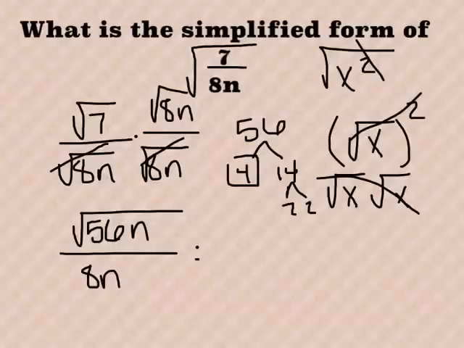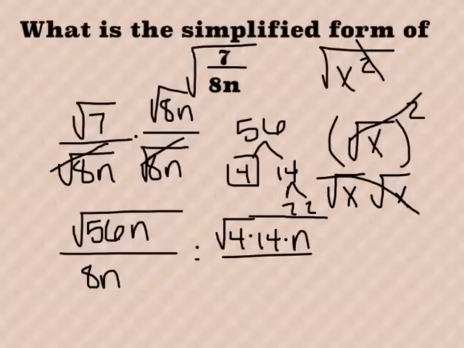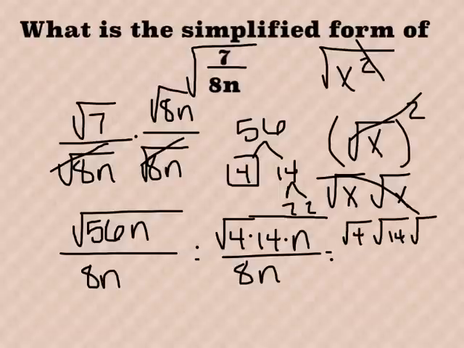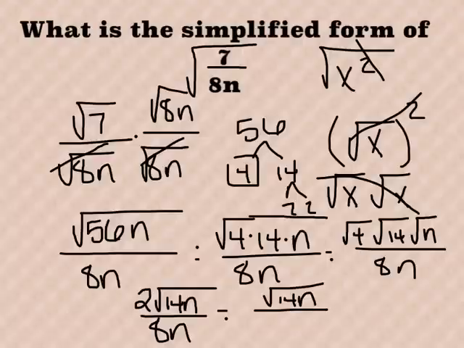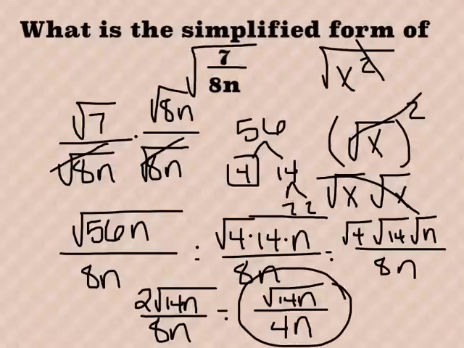So we have the square root of 4 times 14 times n over 8n, which is the square root of 4 times the square root of 14 times the square root of n over 8n, which would be 2 times the square root of 14n over 8n, and we need to see if we can reduce 8 and 2, which would be 1/4. So our answer is the square root of 14n over 4n, and that is our final answer.